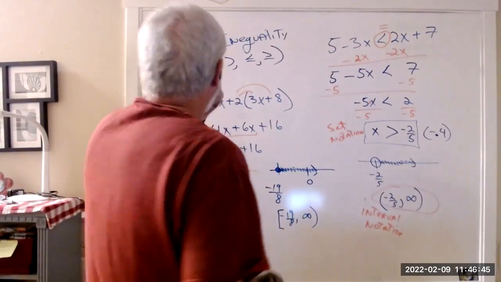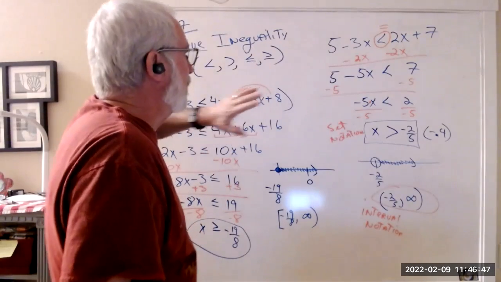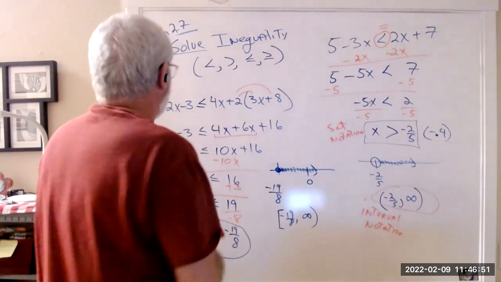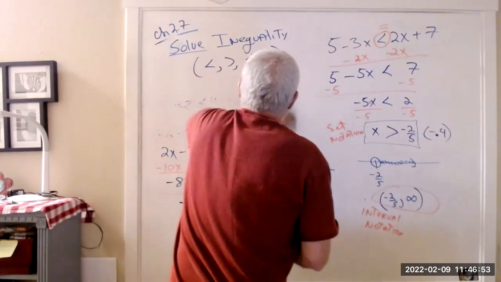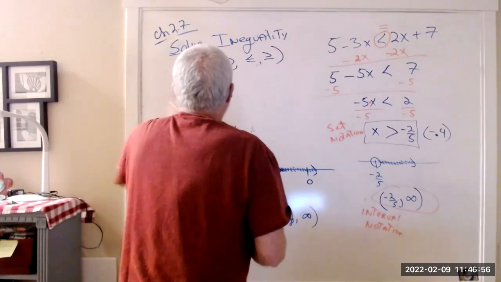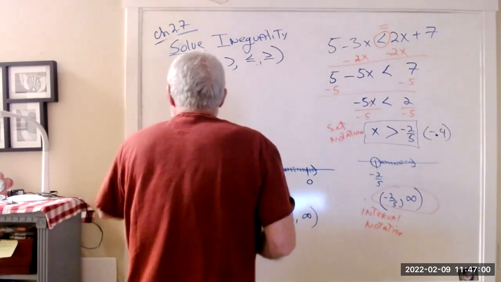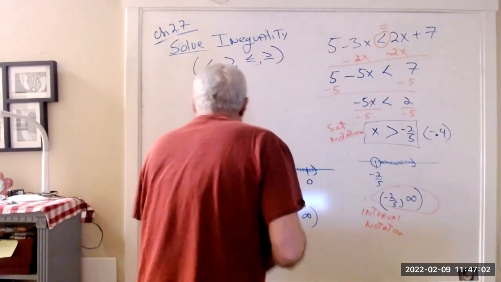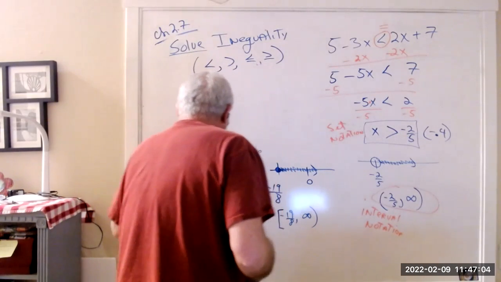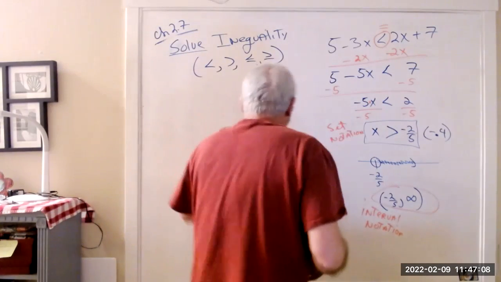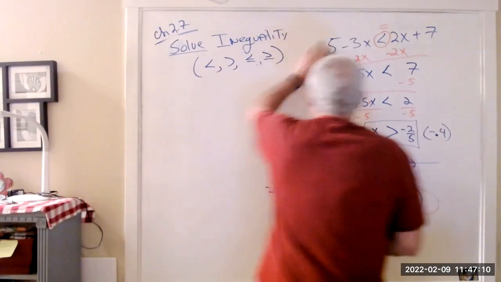So these are known, on the board, as simple inequalities. What I'm going to show you next is called a compound inequality. Now, do you know anything about bone breaks? A compound break is multiple breaks.